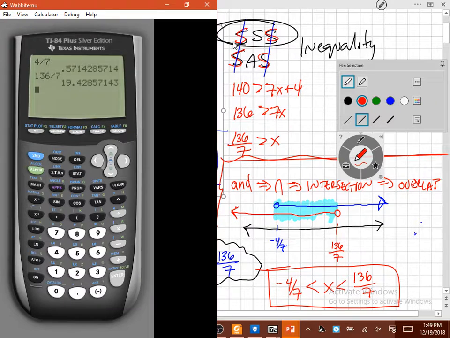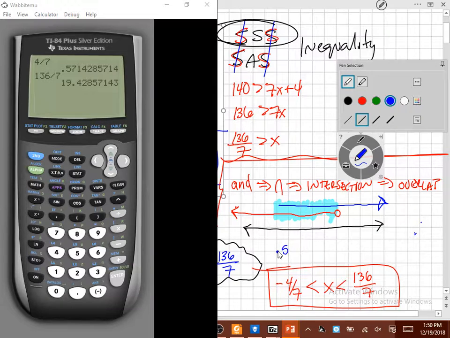It doesn't matter how far out with the decimal you go, you're going to arrive at the same type of argument that I'm going to make here. So this would be, let's just go 0.5714 is less than x is less than 19.4286. Do something like that.